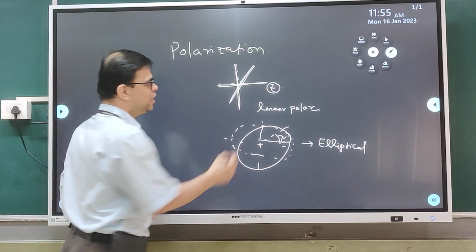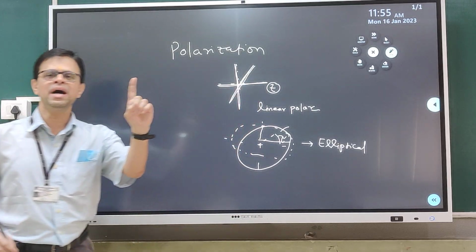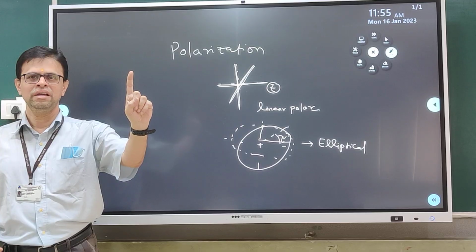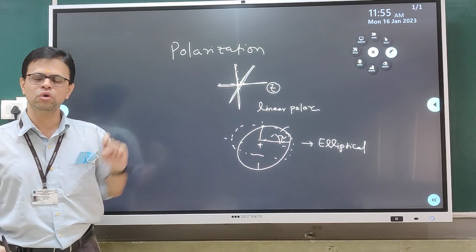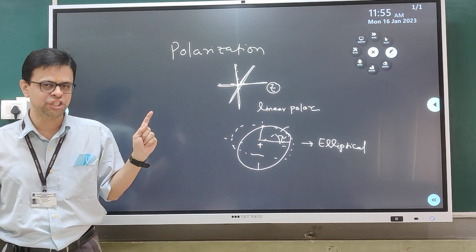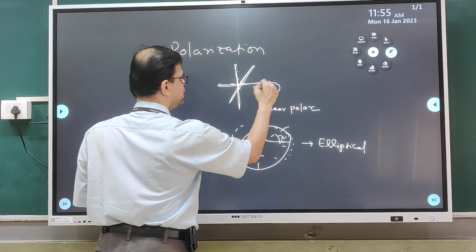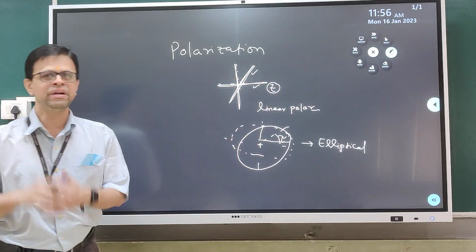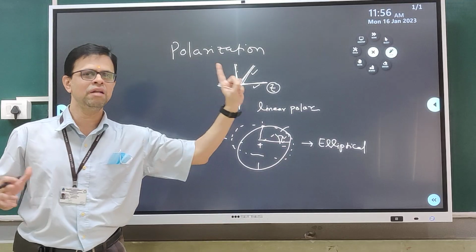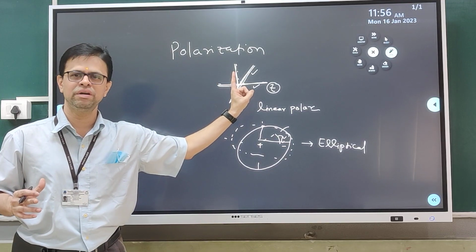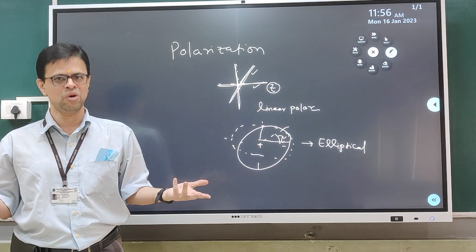So here, if you have a unidirectional signal incident onto the antenna, and the polarization of the receiver antenna, suppose it is like this or like this, doesn't match with the vertical wave incident onto the receiver, then you will get a signal loss.